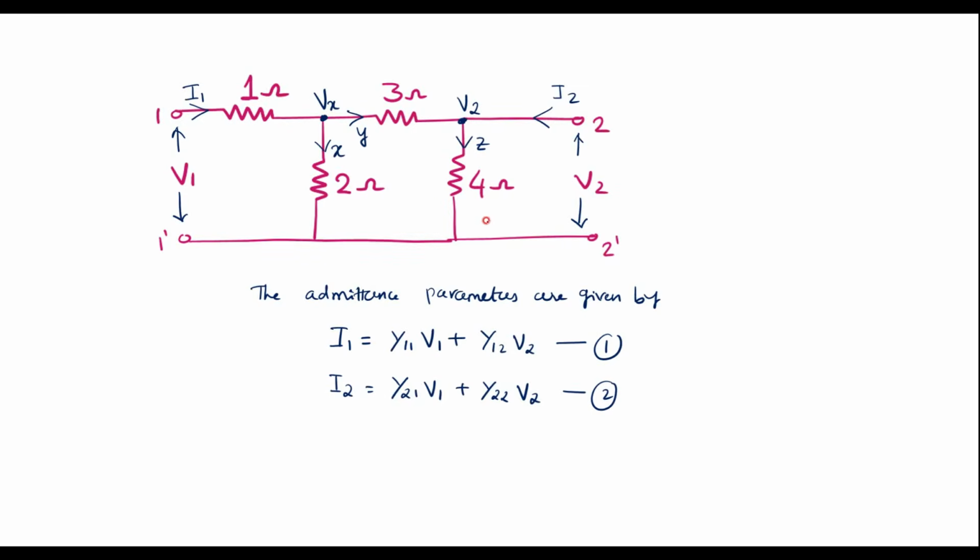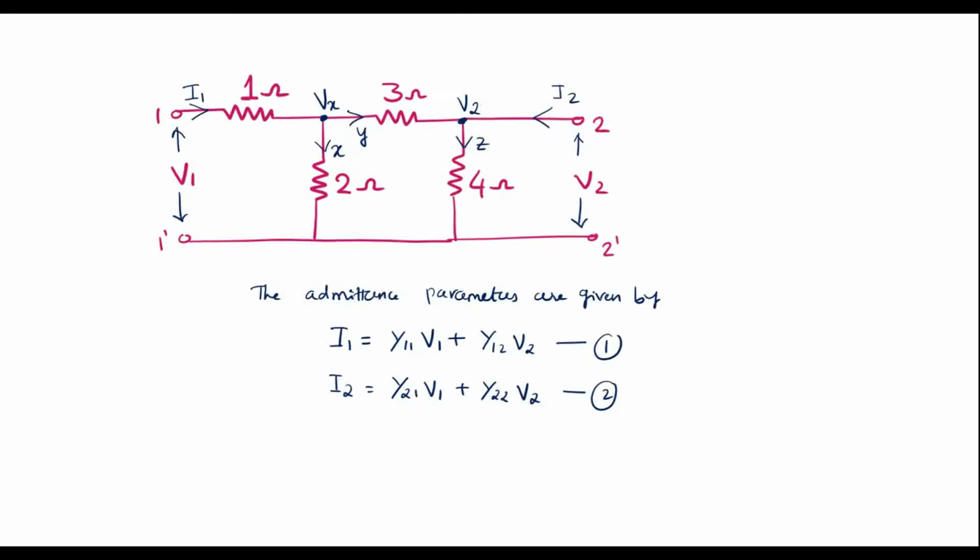So now, to the same circuit, let me apply KCL to node V2. Here Y is the incoming current, I2 is the incoming current, and Z is outgoing.